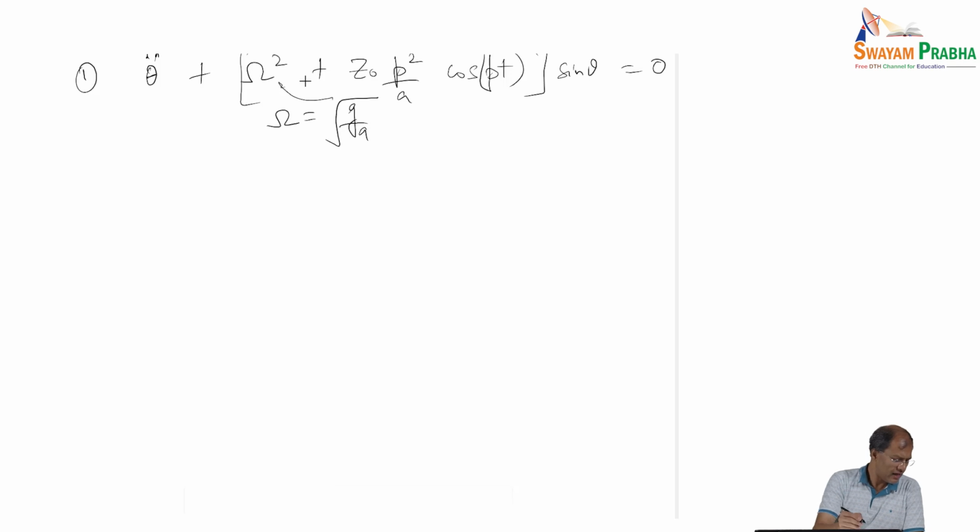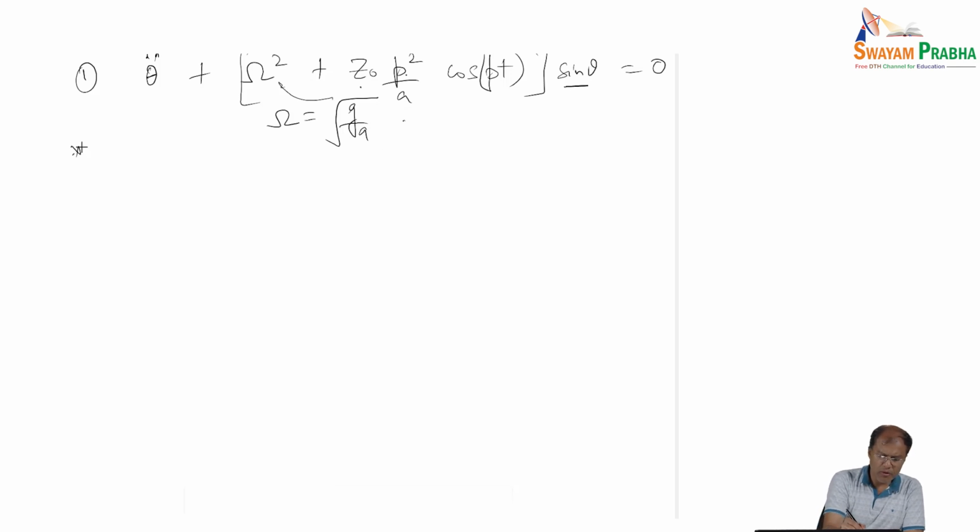We plug everything in, and interestingly we see that this is an equation of simple harmonic motion. Of course non-linear, because we have a sine theta appearing here, but if we choose certain fixed values of these parameters like z naught, p and a, we can even produce chaotic motion. That is the beauty about simple harmonic motion.